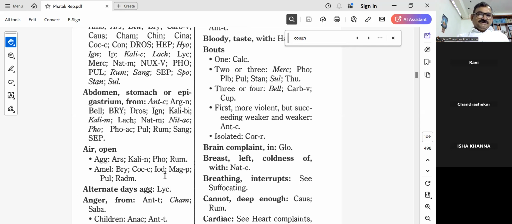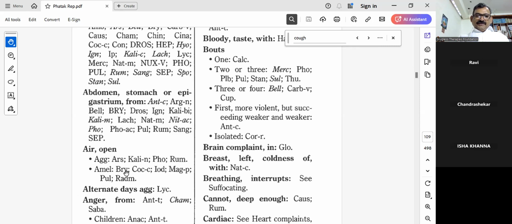No, you should not say that symptom. You say, how do you feel better when you have the cough? If you do what action, you feel better? How do you get relieved? Those things are exactly written here.